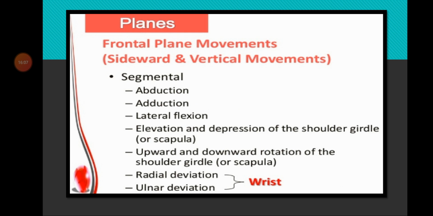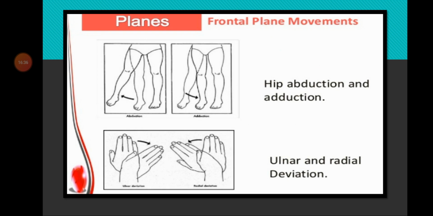As segmental movements, we can see abduction, adduction, lateral flexion, then elevation and depression of the shoulder girdle, that is the scapula, upward and downward rotation of the shoulder girdle, that is also the scapula, then radial deviation and ulnar deviation, both of them part of the wrist movement.